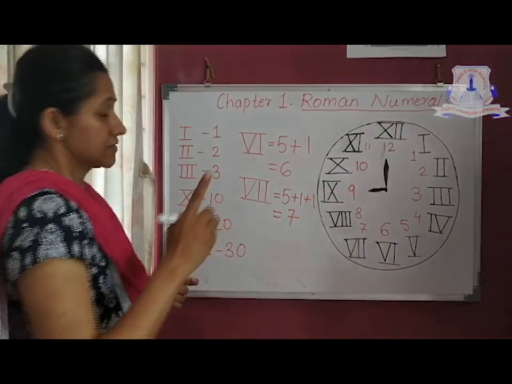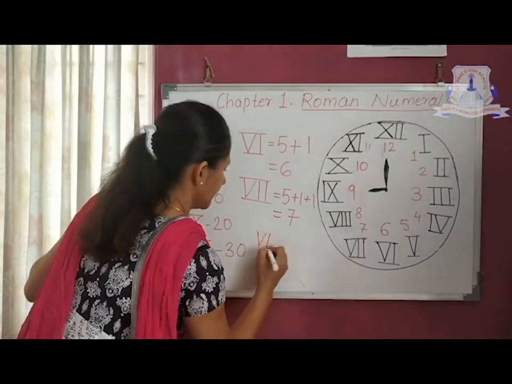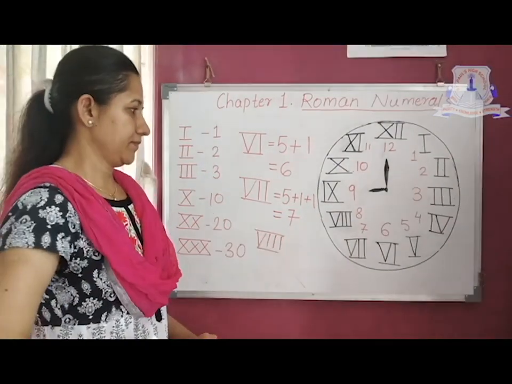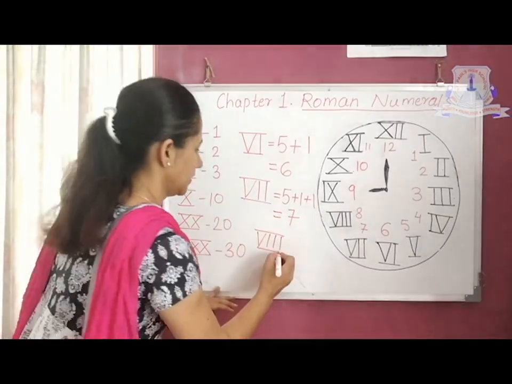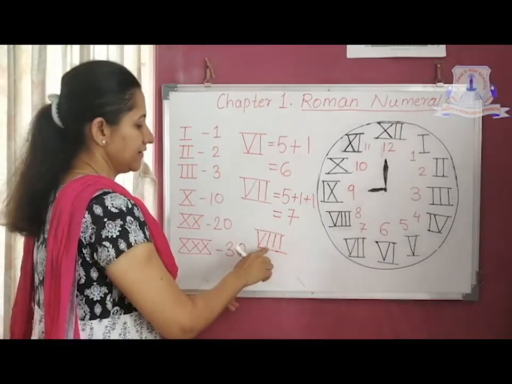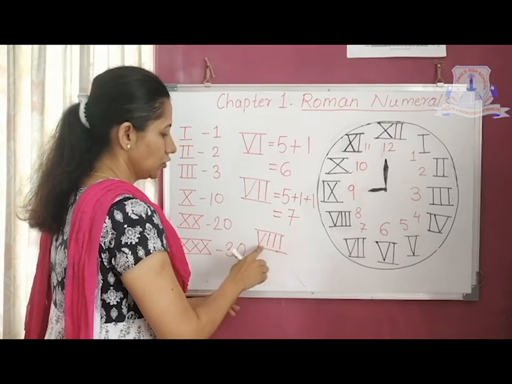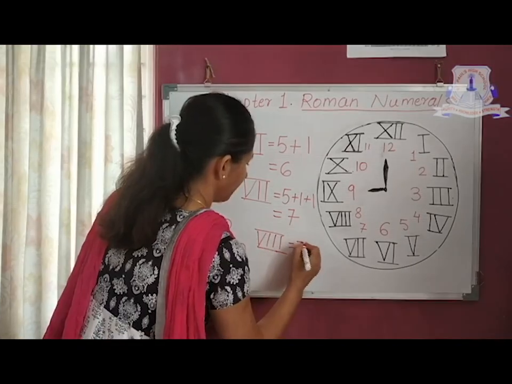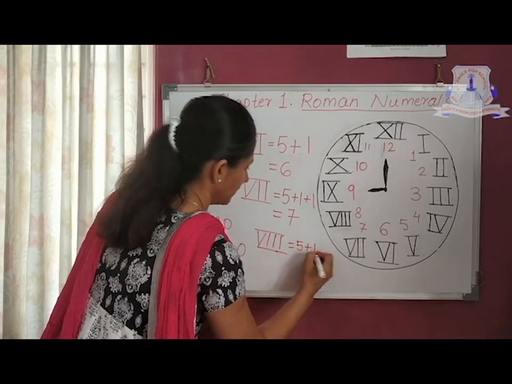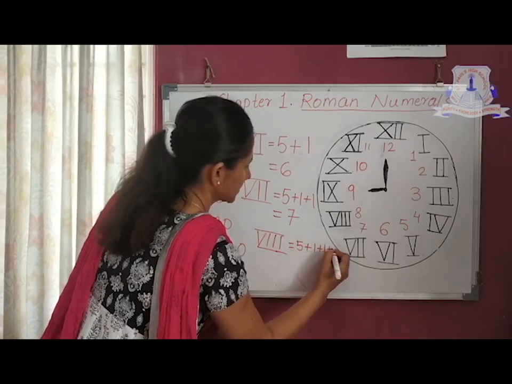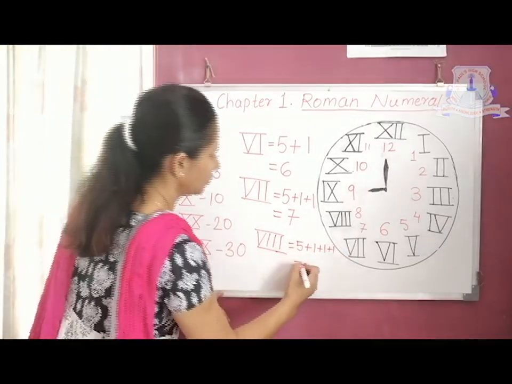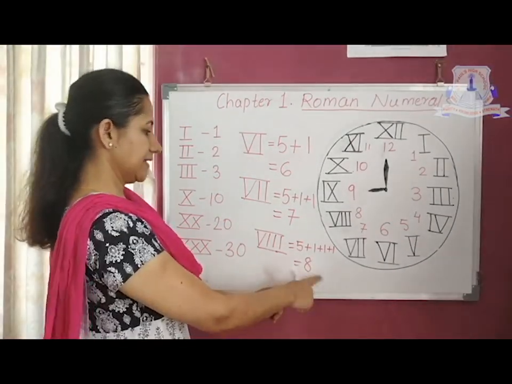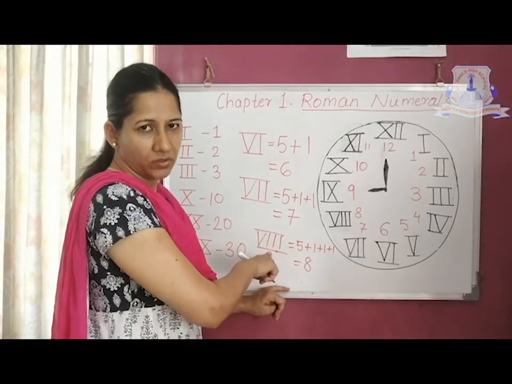Next, how do we write number 8? Here also we add 3I, 1, 2, 3, to letter V, which represents number 5. So we write 5 plus 1 plus 1 plus 1, which will be equal to 8.